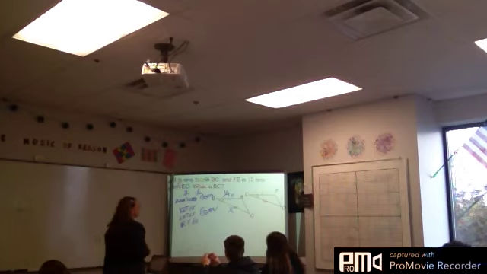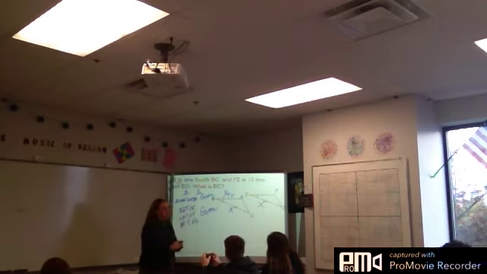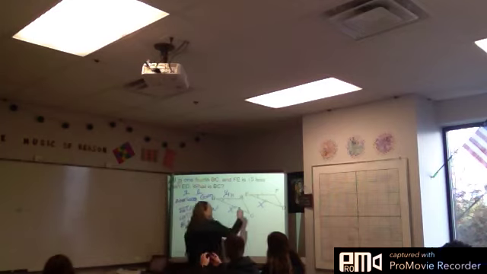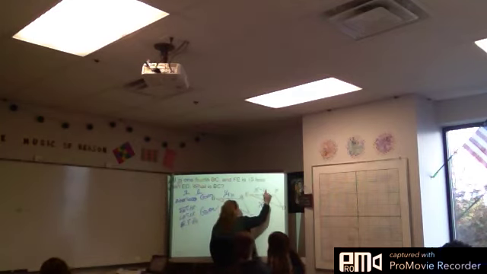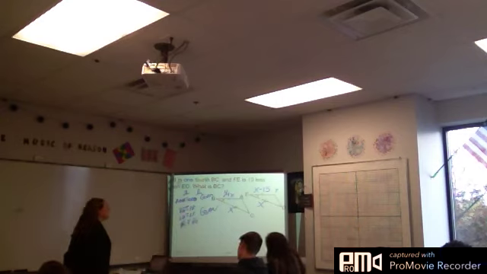BC, it's X. So what does that mean EF is? X minus 15.